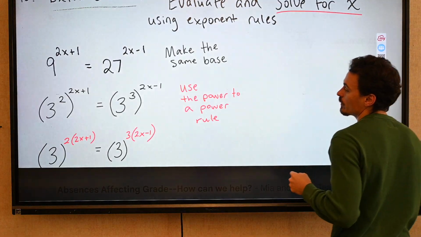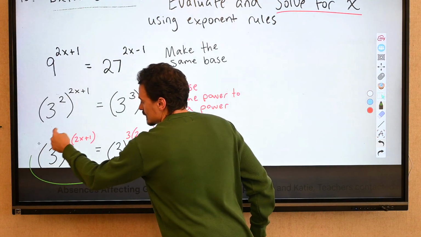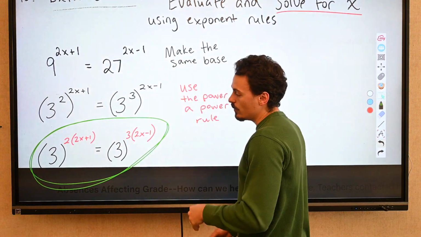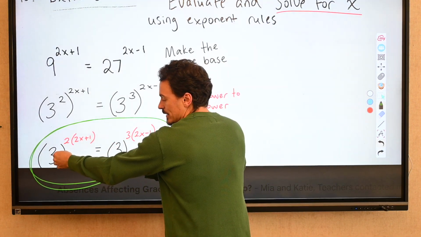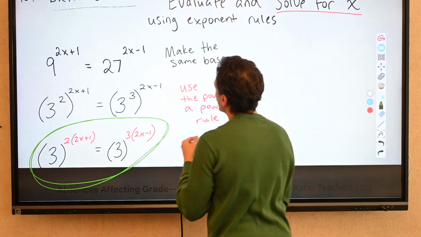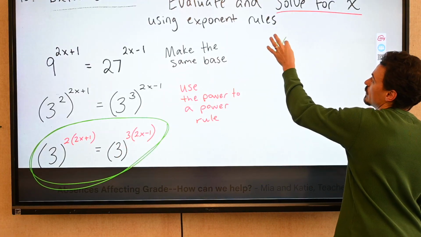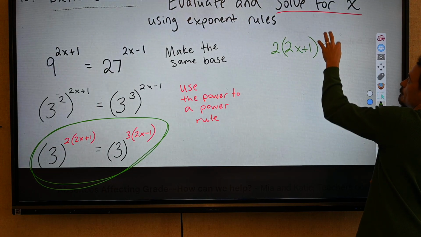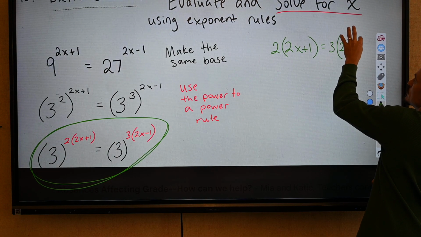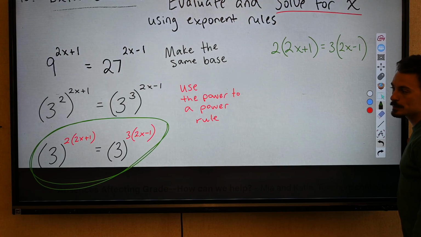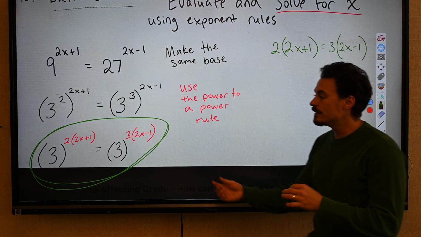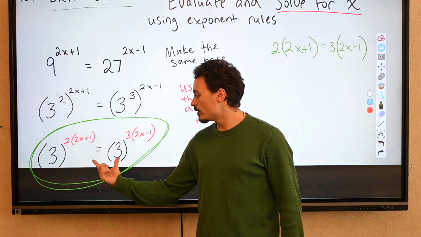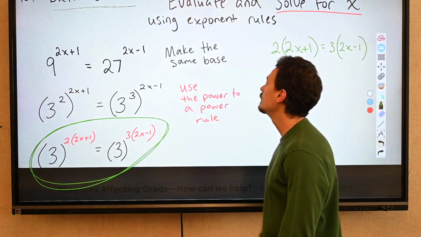So now we're going to take this whole entire equation and notice that if the bases are the same, all I need to do is set the exponents equal to each other. In other words, the exponents have to be the same exact value in order for the left side to be equal to the right side.